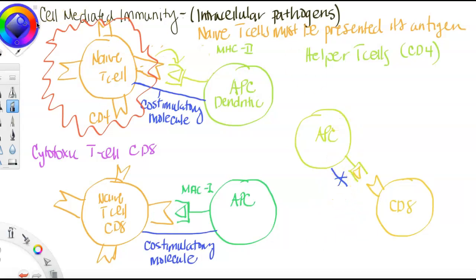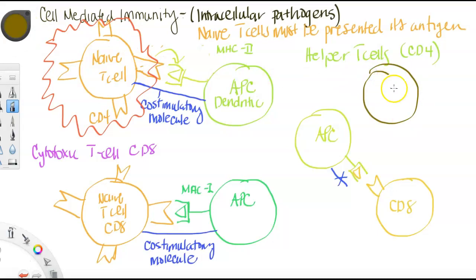All right, a helper T cell, a little bit of a different color here. So a helper T cell can come over and it will bind to the same thing, and it will bind to the APC's MHC2.